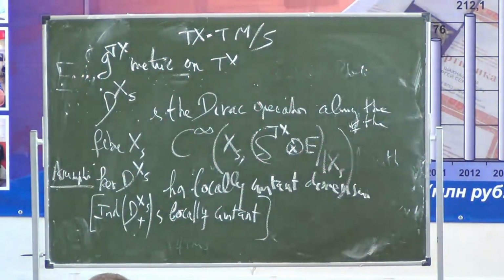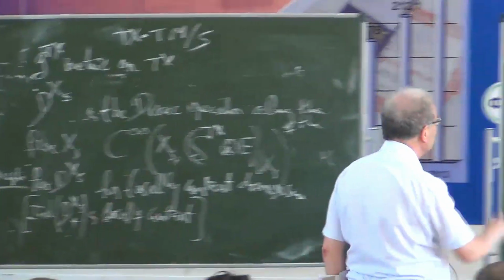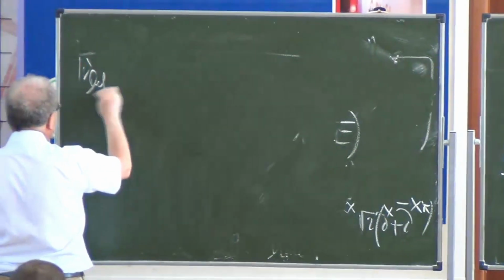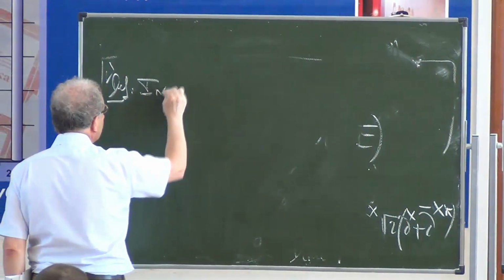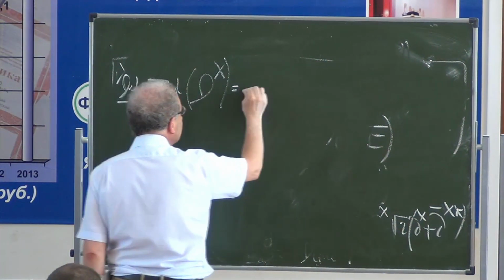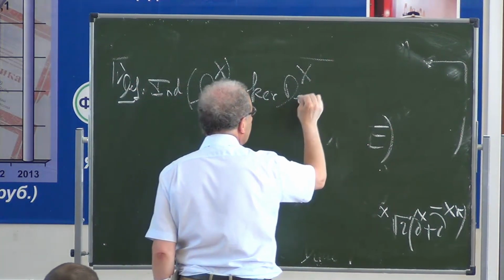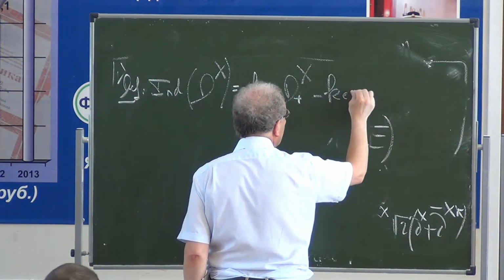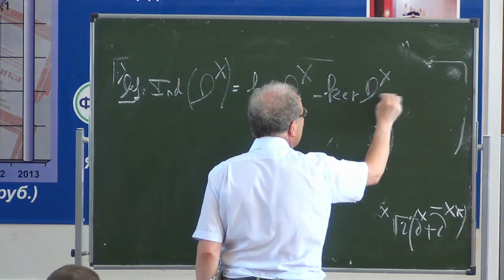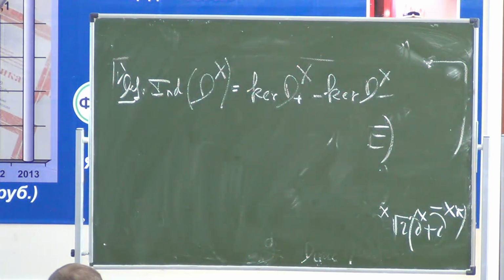So, in this case, you can define the so-called index bundle. The index bundle, Ind(D^X), is by definition the formal difference of the kernel of D^X_+ minus the kernel of D^X_-. This is a difference which is taken in the sense of K-theory.